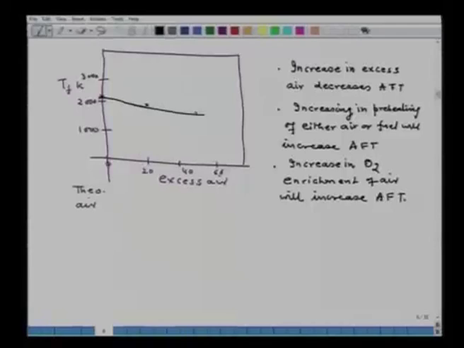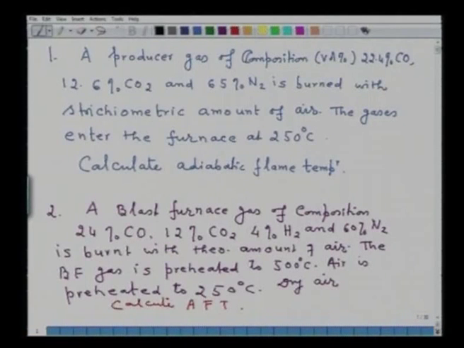Now, I can also illustrate another problem where preheating is done. If you recall, I gave this particular problem in the last lecture: a blast furnace gas of composition 24% CO, 12% CO2, 4% hydrogen and 60% nitrogen is burned with the theoretical amount of air.